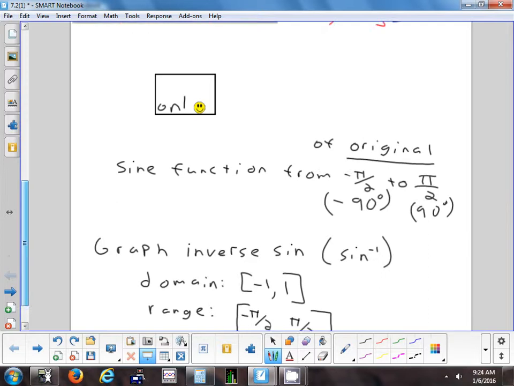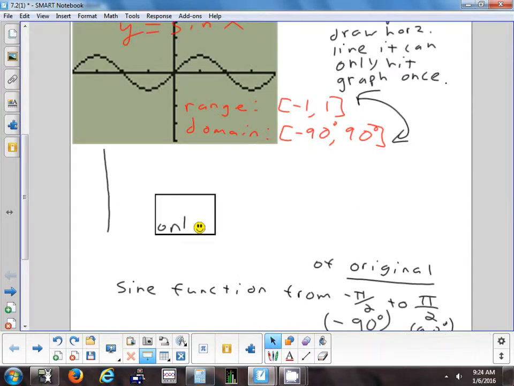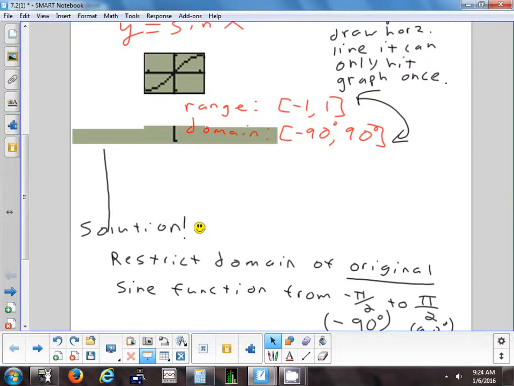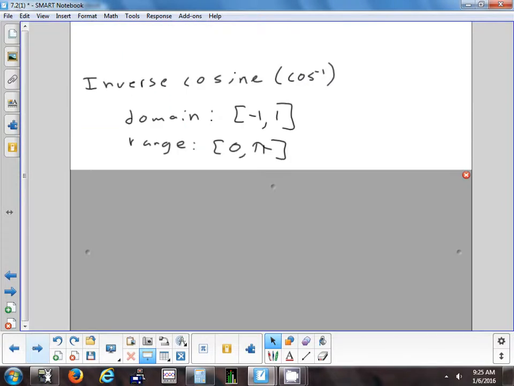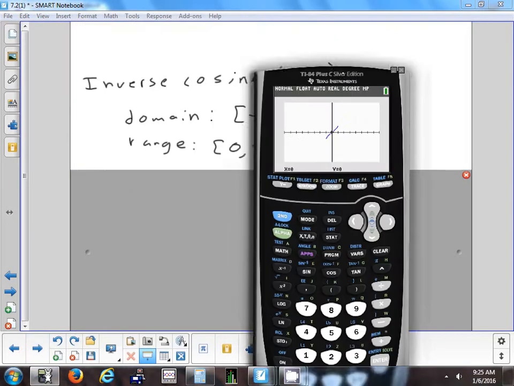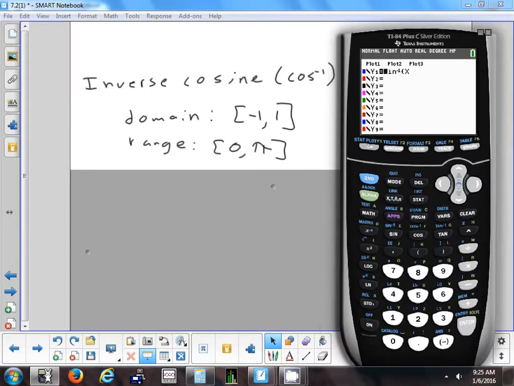Okay, and I'm not going to go through each picture and how we can limit it each time. I'm just going to show you for inverse cosine. For inverse cosine, your domain is negative 1 to 1, and your range is 0 to pi or 0 to 180. So if you wanted to see a picture of inverse cosine, my domain is negative 2 to 2.